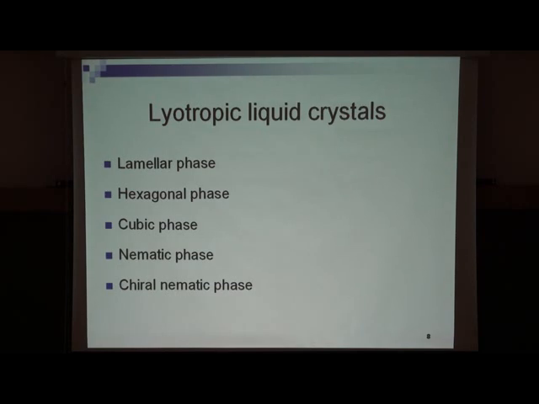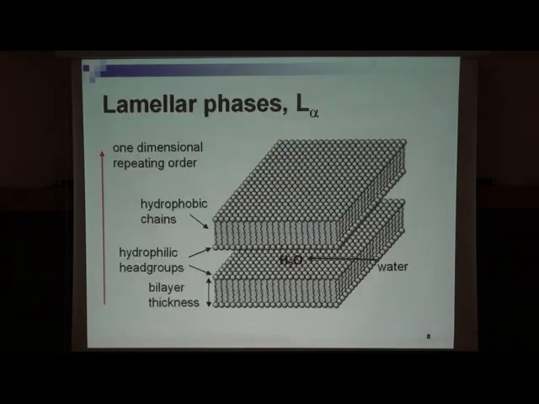Okay, as I said, there are 5 common liquid crystal phases: lamellar phase, hexagonal phase, cubic phase, nematic and smectic phases. Only the last 2 phases are the subject of this thesis. But I will give some information about the other phases.